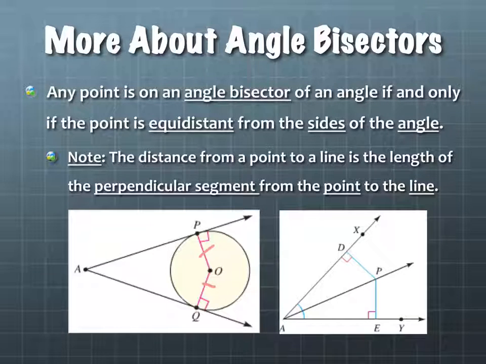Notice the distance from the point to a line is the length of the perpendicular segment from the point to the line, because the perpendicular is the shortest one. That's what I was talking about. And if you ask, why do I always know that this is going to happen? If you take a look at the second picture, you see triangles, don't you?